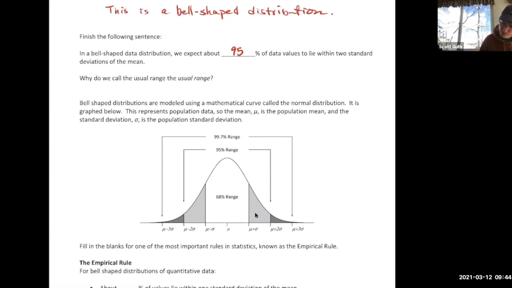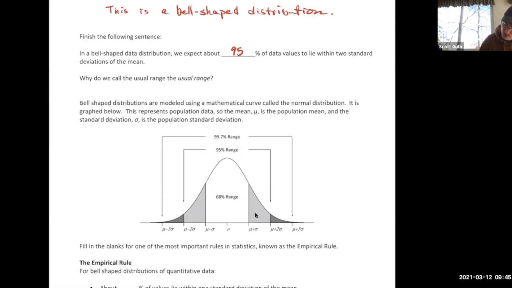So about 95% of data values tend to lie within 2 standard deviations of the mean. If that's not true, then it's not a bell-shaped distribution. If you know the shape, you ought to be able to chop it up and describe roughly what the percentages are. It's just a function of the shape. So it's not magic. It's just chopping shapes up. If you knew it was a square, it would have different percentages, right?